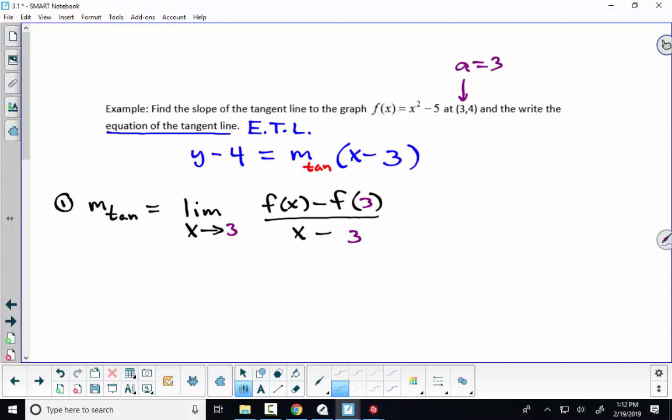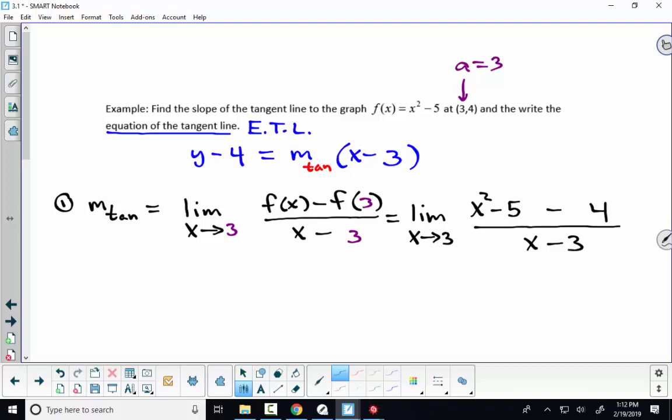We're given f of x is x squared minus 5, and f of 3 is equal to 4. Is everyone okay with that? We're just fitting that into the definition we had.